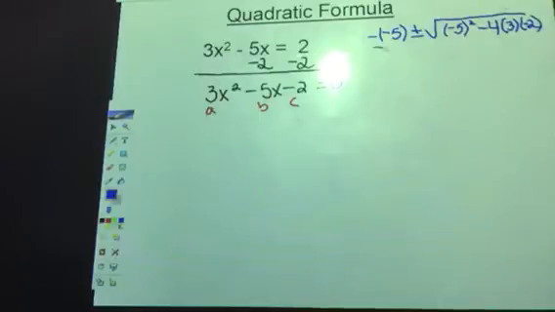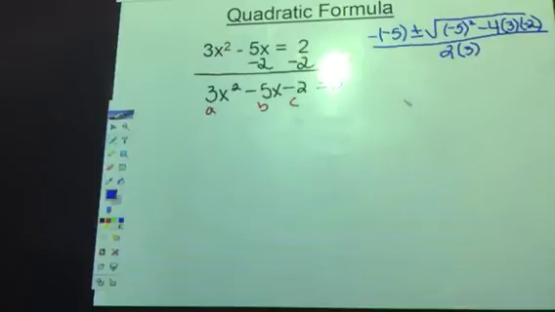And all of this is over 2 times a, and that is 2 times 3. I do want to remind you that you can still find these solutions by factoring. This is just another method. You can find it by factoring, or you can use the quadratic formula.